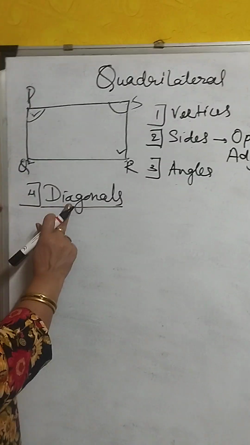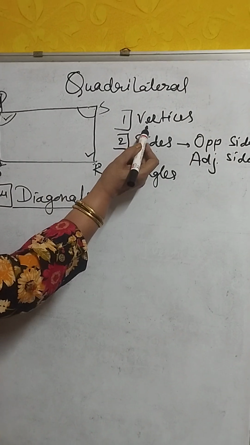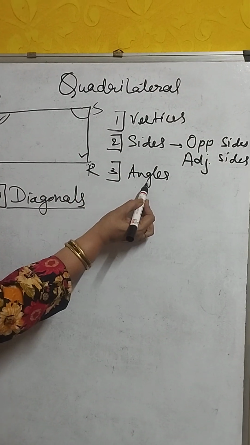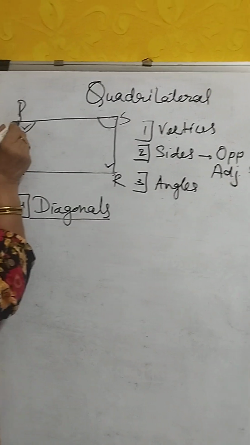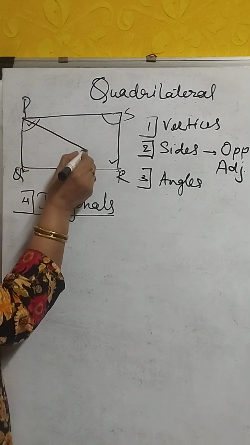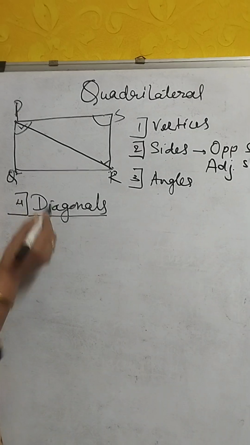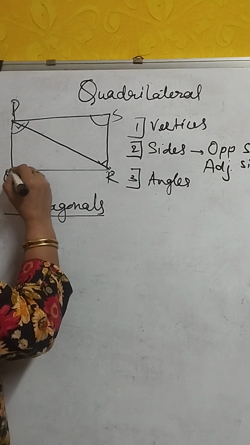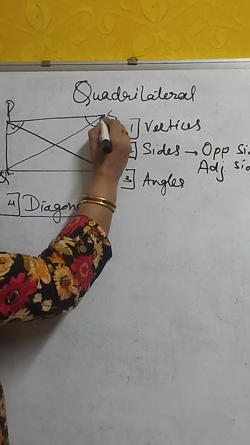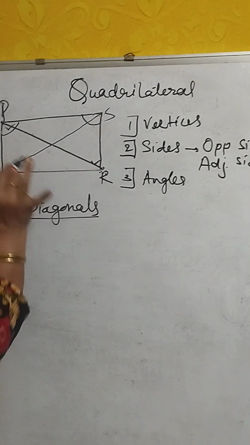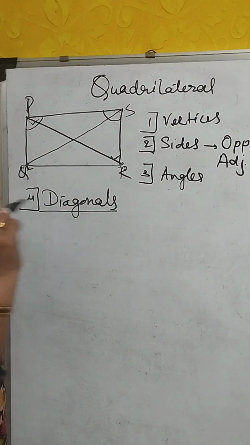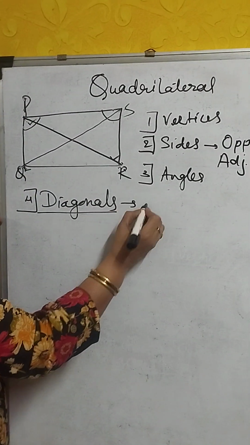The fourth part is diagonals. Three parts what? Vertices, sides, angles. Now diagonals. What is a diagonal? The segment which joins opposite vertices. That is called the diagonal of the quadrilateral, and every quadrilateral has two diagonals. How many diagonals are there?